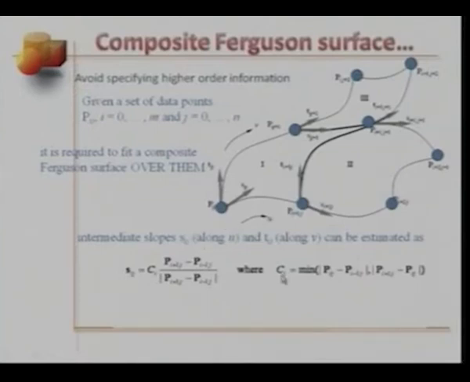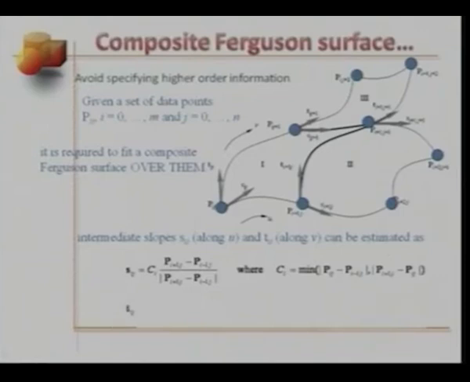And Ci would be the minimum of two absolute values: Pij, which is this, minus some fictitious point here, Pi-1,j, and Pi+1,j, which is this point, minus Pij, which is this point. So in a sense, we are considering three consecutive points along parameter direction u to compute, or rather to estimate, intermediate slope Sij.